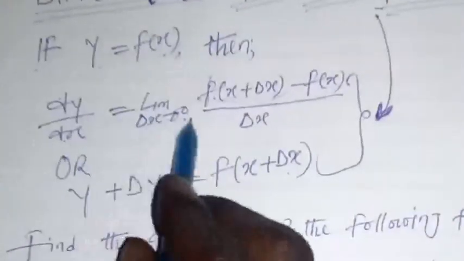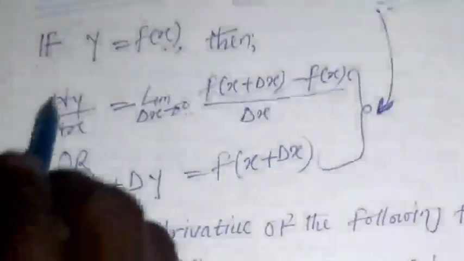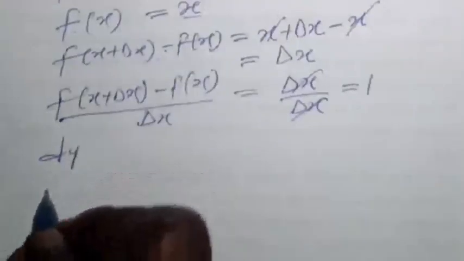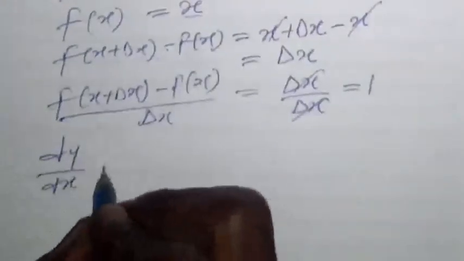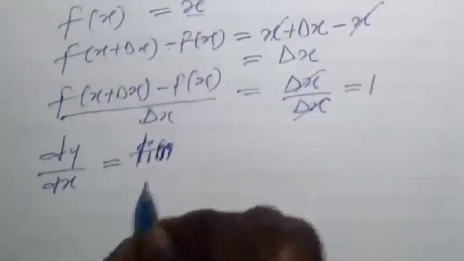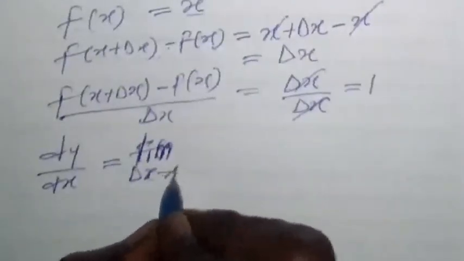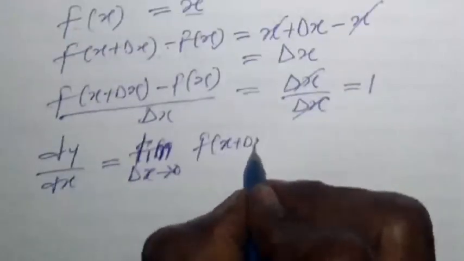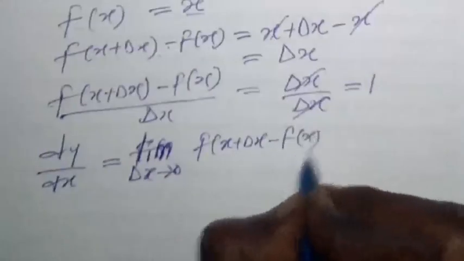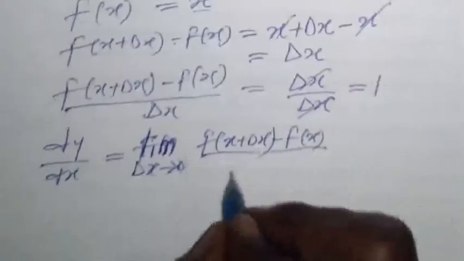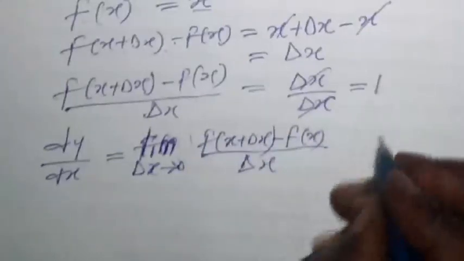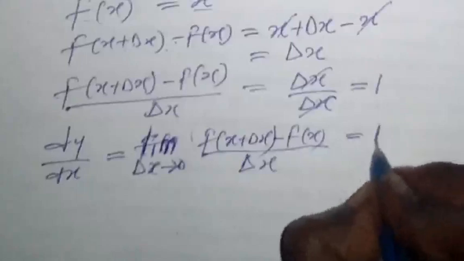Then we apply our limiting value as delta x tends to 0 in this case to find our derivative, that is dy/dx. Our dy/dx is equal to the limiting value as delta x tends to 0 of f(x + delta x) minus f(x) all over delta x, and this function is evaluated as 1, therefore it is the same thing as 1.